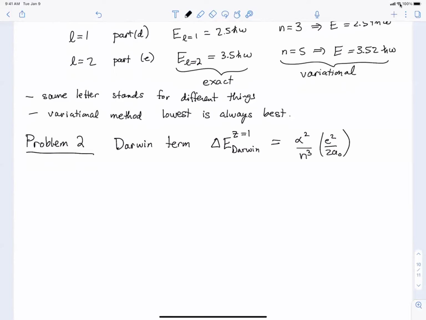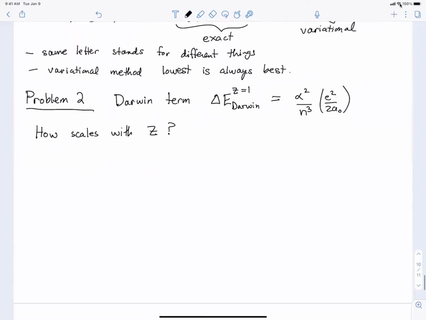Okay, but then I threw a curveball at you and said, how does this scale with Z for larger atoms? So how do we think about this? Recall the setup for what a problem with a larger Z looks like. You've got a nucleus with charge Ze, and you've got an electron with charge minus e. They're attracting each other.